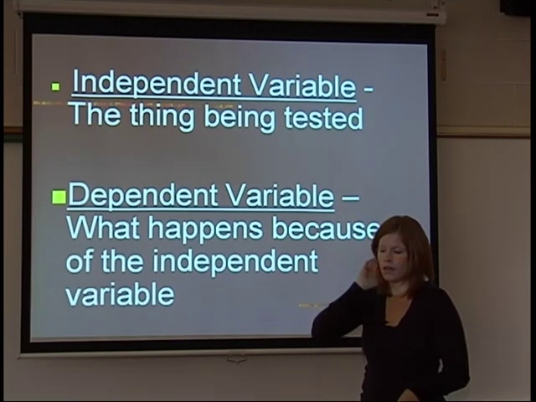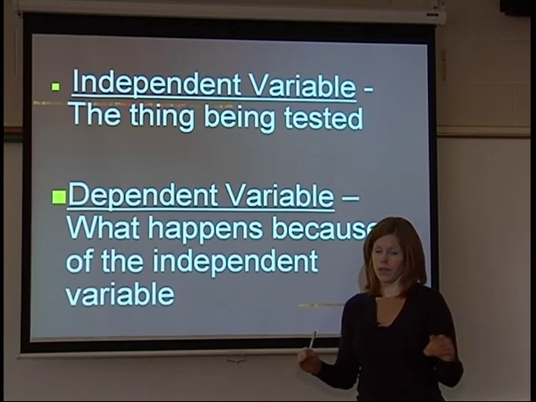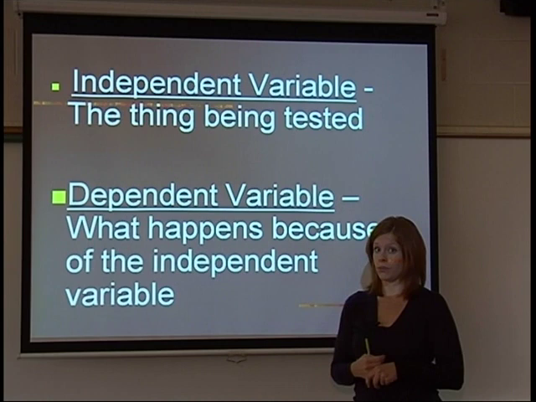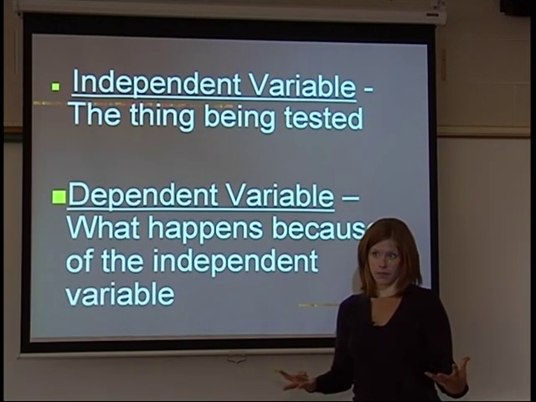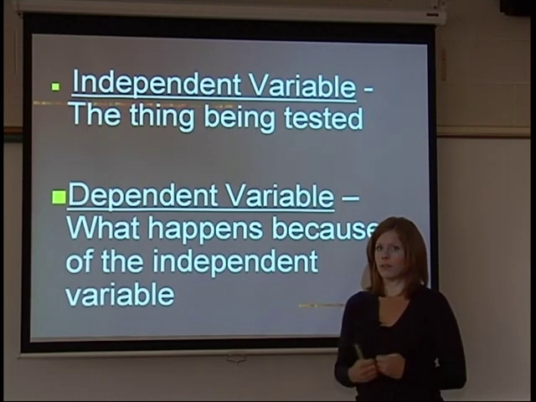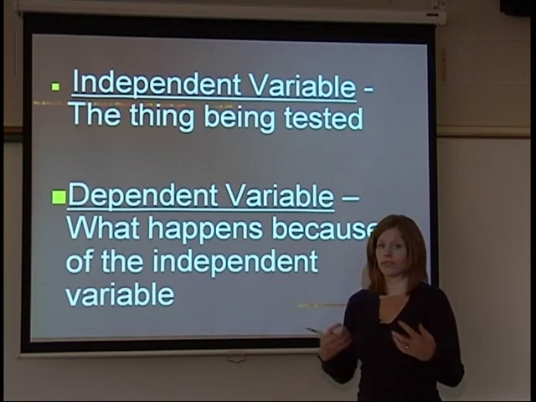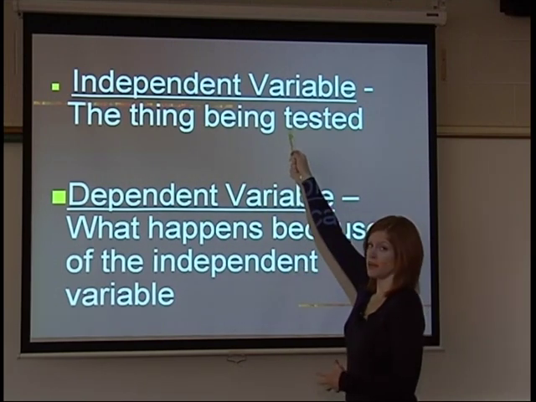That's what we're testing. So you need to make sure that other variables are regulated. So you need to make sure that all the students would be exercising the same amount, that all the students are eating the same thing for lunch and dinner, because the only variable we are testing is whether not eating breakfast causes weight loss. That would be the independent variable.